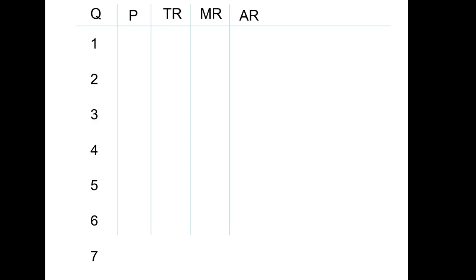All right, so here are our quantities, right? We have 1 through 7. So we have a $10 price. So 0 to 10 means the total revenue is 10 times 1, total revenue is 10. Marginal revenue, the difference from 0 revenue at 0 units to $10 at 1 unit, means the marginal revenue increased by 10. 10 over 1 gives you $10.